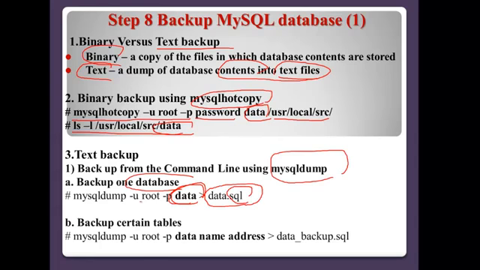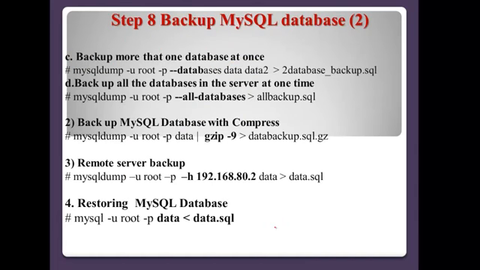Then this command will save the data using SQL statements. Backup certain tables: if we need to back up some tables inside the database, we can do it like this. Here data is the database name, name is a table name, address is also a table name, and after that the SQL file name.